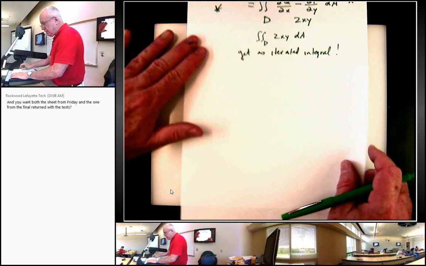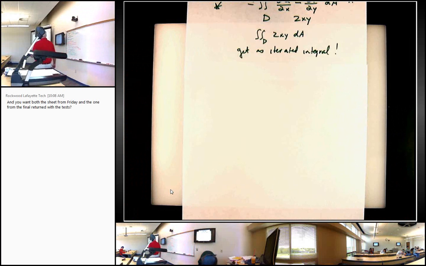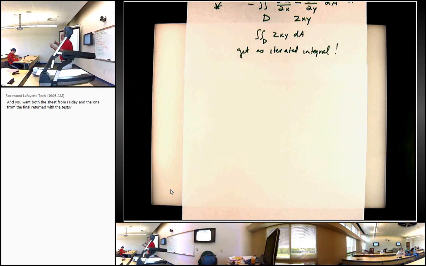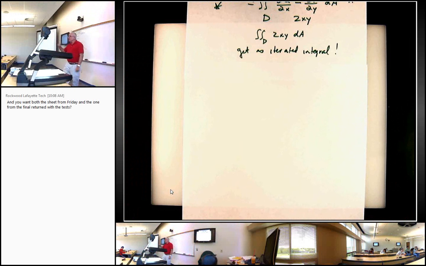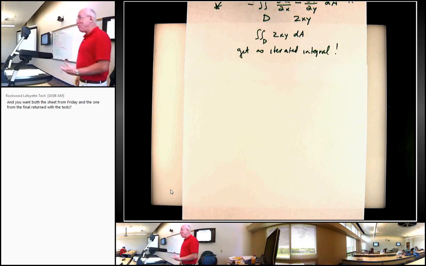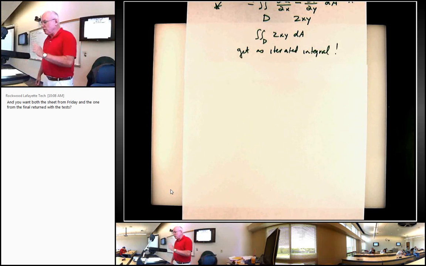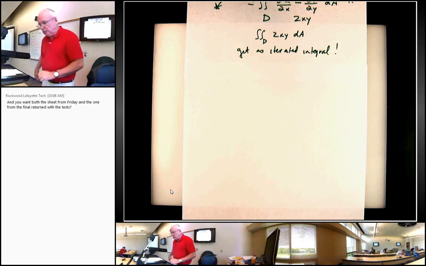And let me tell you, for the one problem on the test with a similar kind of triangle, trust me, if you don't do a rough sketch of it carefully, you're going to end up with the wrong region. So make sure that you've got the correct triangle, and it's not too hard. It's just a matter of being careful.